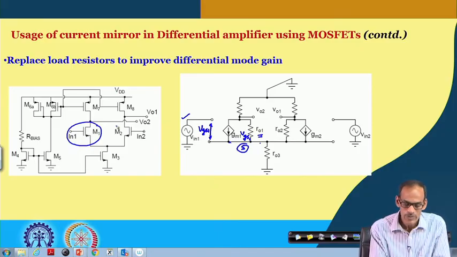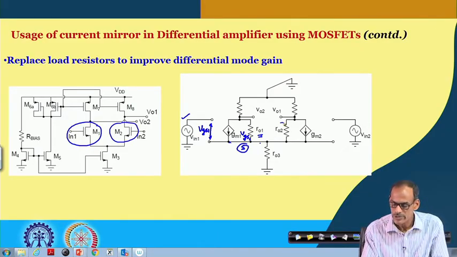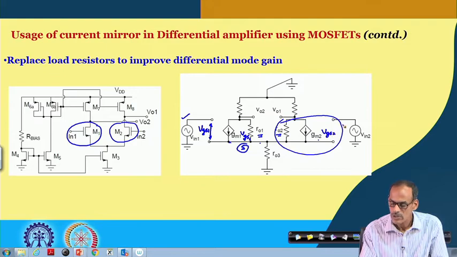Likewise, we have the model of transistor 2 here, which consists of RO2 and GM2 into VGS2, and VGS2 is the gate to source voltage of transistor 2.